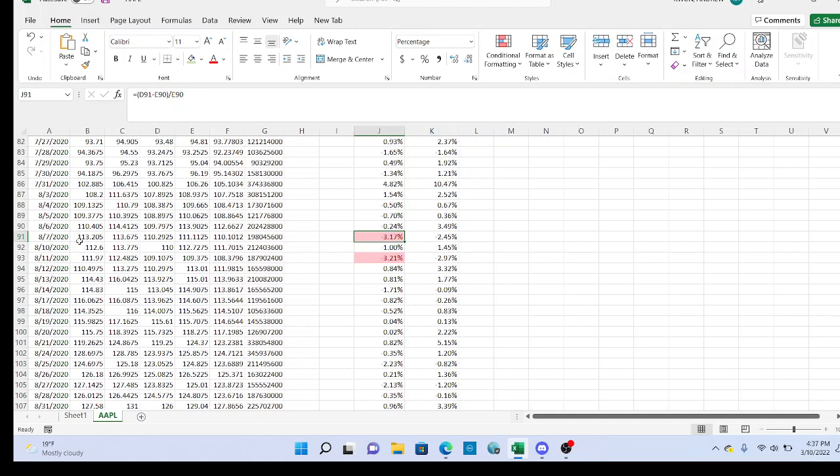So right here on the 8-7 2020, we see a 3.17% move to the downside from the previous close to the low. And then you see that we actually close about 0.6-ish% higher. And then the very following day, we have a 1.45%. So you could have just taken profits real quick and just kind of like scalped it almost.